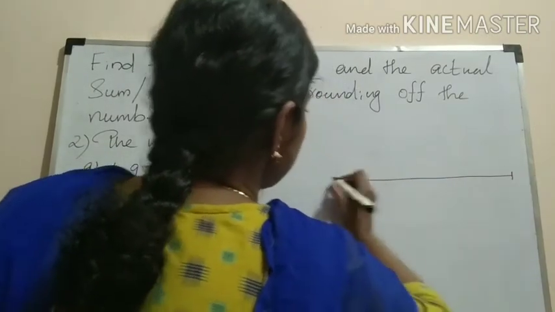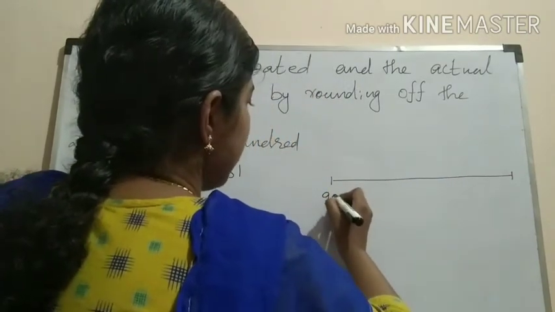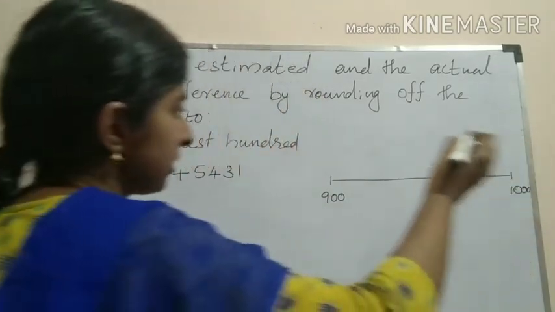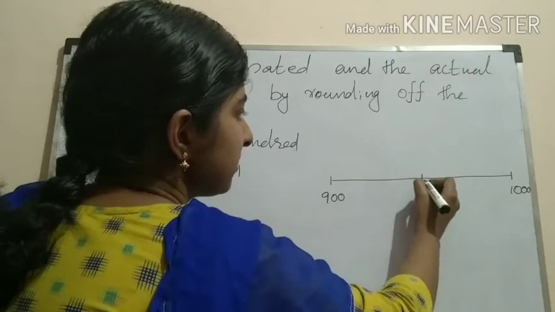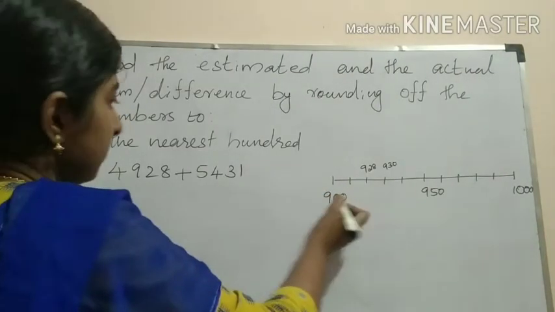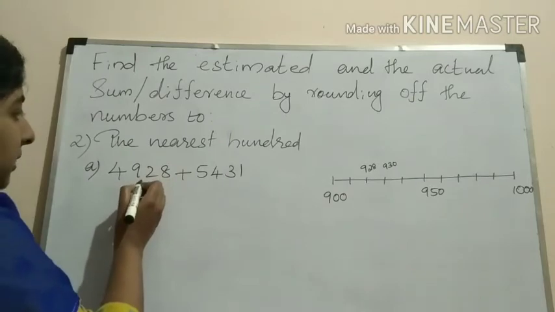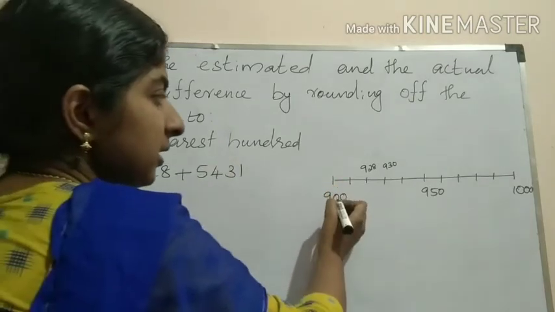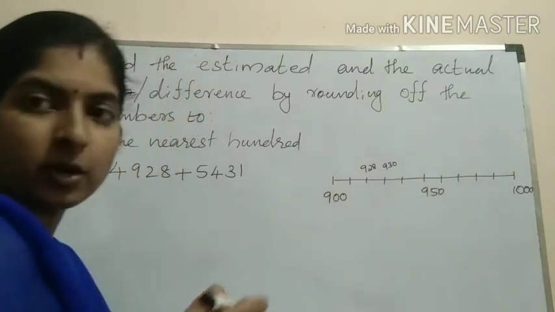The middle number is 950. 928 between 900 and 1000, isn't it?